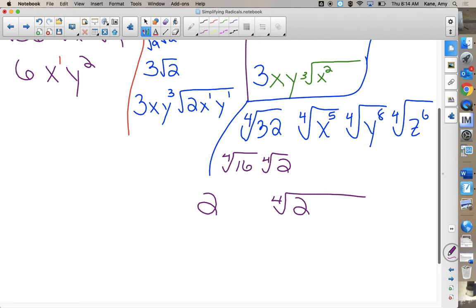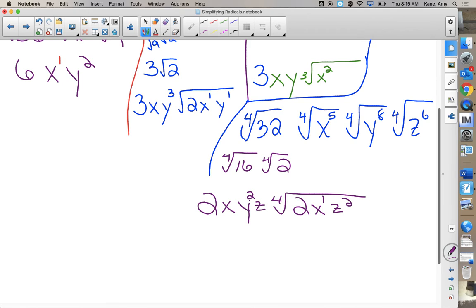So the next part, JT, 4 goes into 5 once with a remainder of 1. So there's my remainder part. The radical part is the remainder. JT, 4 goes into 8 twice. Is there a remainder? No. And then the last time, 4 goes into 6 once, and the remainder is 2. So the part that divided evenly, the part that's the remainder.